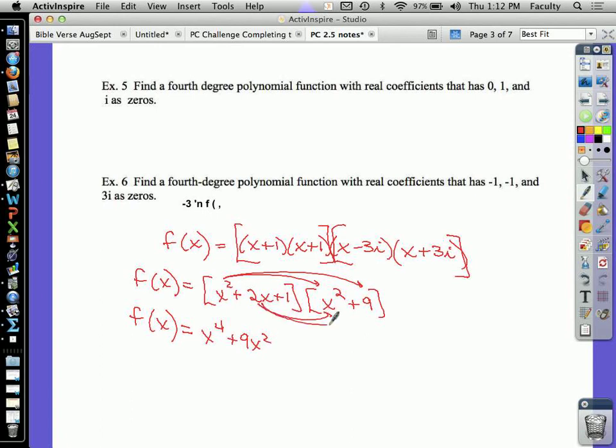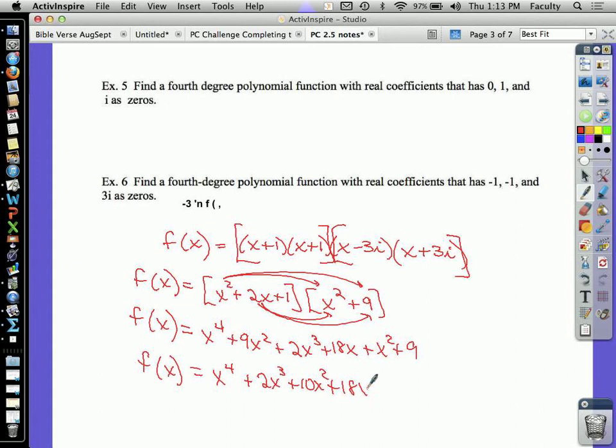Then we're going to take 2x times both terms, 2x cubed plus 18x, and then we'll multiply by the 1. Collecting my like terms, f of x equals x to the 4th plus 2x cubed plus 10x squared plus 18x plus 9.